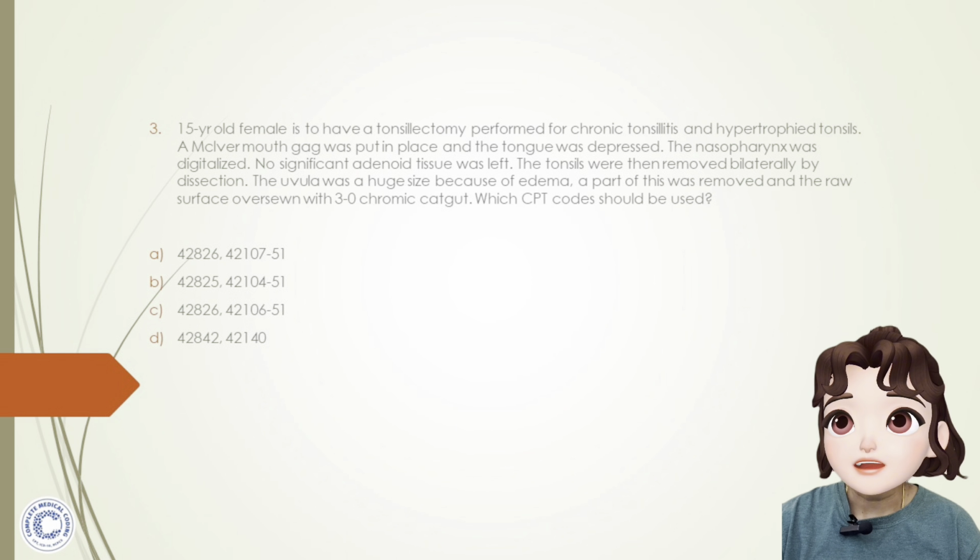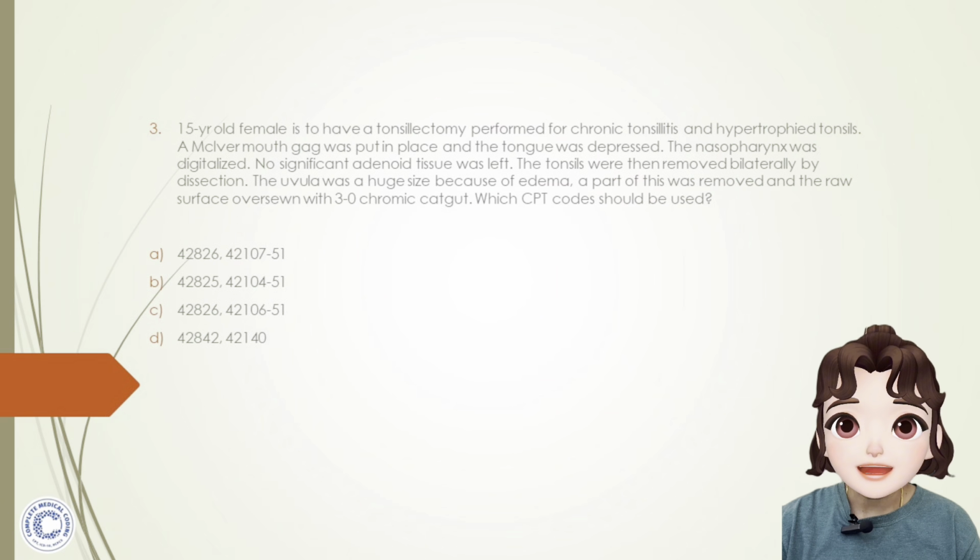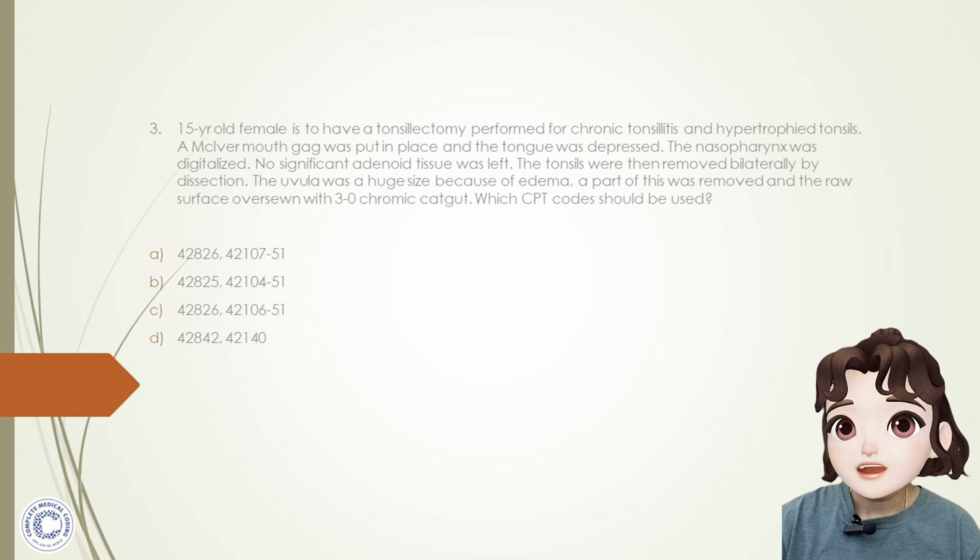Then the nasopharynx was digitalized. No significant adenoid tissue. Tonsils were then removed bilaterally by dissection. Uvula is the organ inside the mouth. The uvula was a huge size because of the edema. Part of it was also removed.